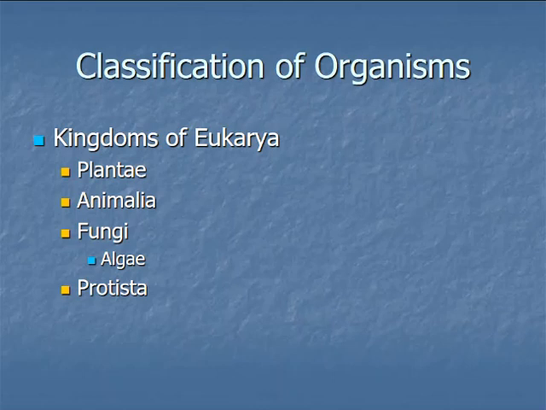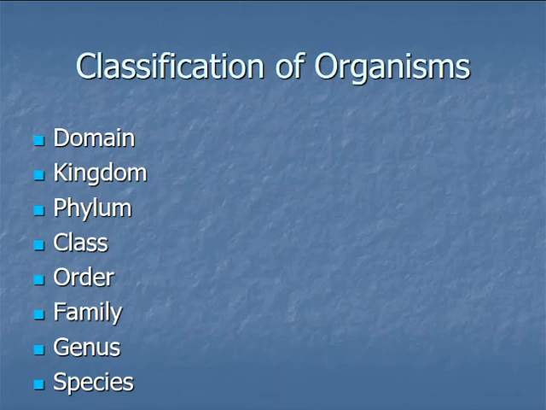Now, I want to take this a step further and look at the different classifications of animals. So I've been talking about domain and kingdoms for the most part. These are the biggest group. So domains are at the very top. This is the widest, broadest, biggest group of organisms.